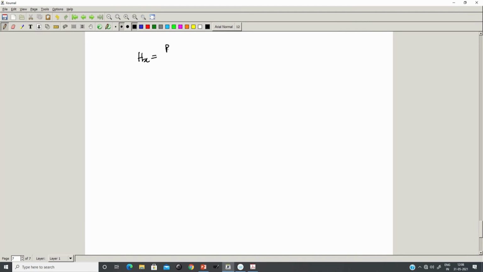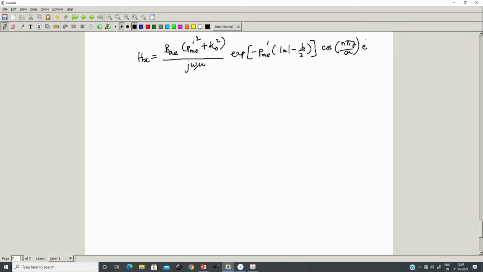H x is given by B A E p m e prime square plus k naught square by j omega mu exponential minus p m e prime mod x minus b by 2 cos of n pi y by a e to the power minus j k z e prime z.